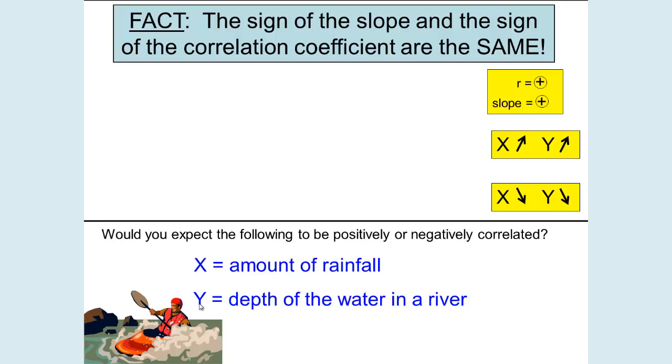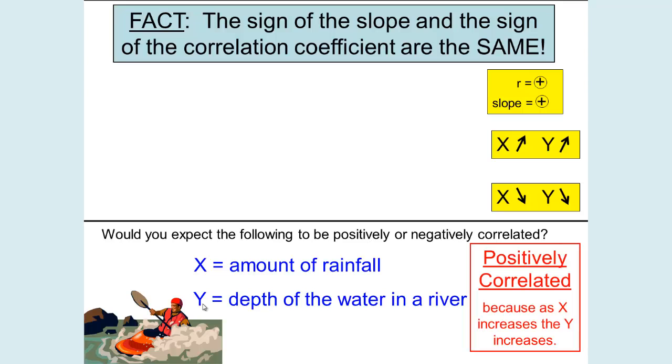We would expect the depth of the water in a river to increase. So it is positively correlated because as x increases, y increases, and they're moving in the same direction.